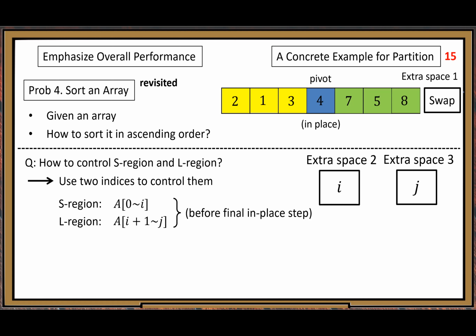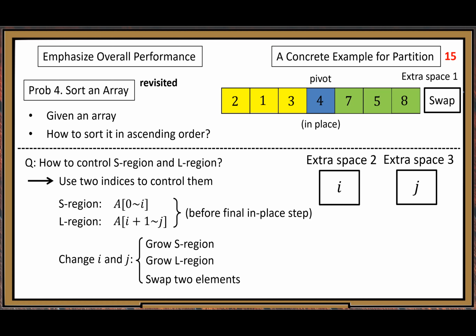Before the final in-place step, we need to do something a little different. Here, to change I and J values, we grow the S region, grow the L region, and in the middle, we need to swap two elements.